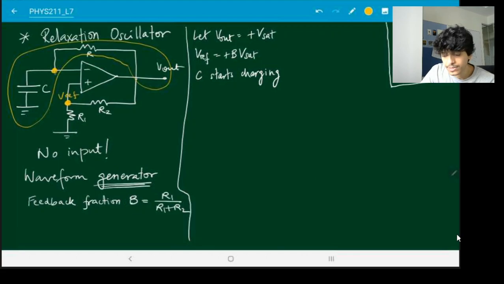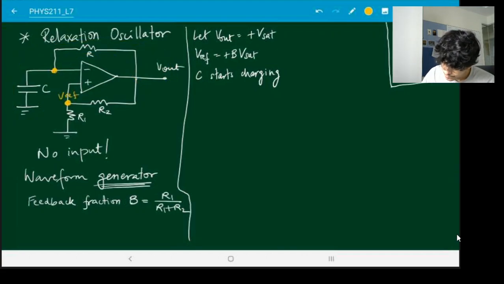The voltage over here will just be the voltage across the capacitor. So that is what we are interested in looking at. So the capacitor starts charging towards plus Vsat. I mean, if nothing else were to happen, then eventually the charge in the capacitor would increase to an extent that the voltage would become V out.